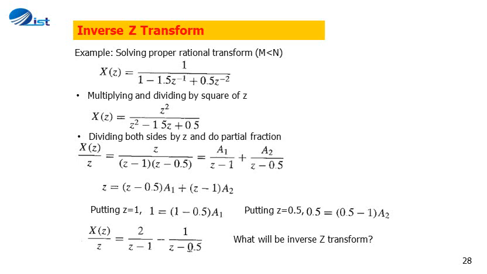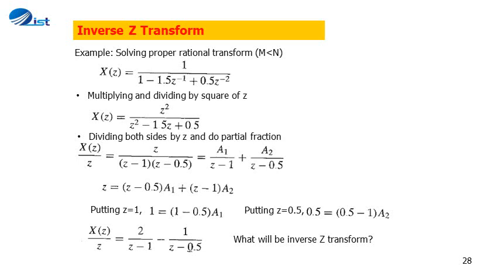And then we will divide both sides of the equation by z, and we will get X of z over z, which is equal to z over (z minus 1) and (z minus 0.5). We are just getting z minus 1 and z minus 0.5 by finding the roots of the denominator polynomial.